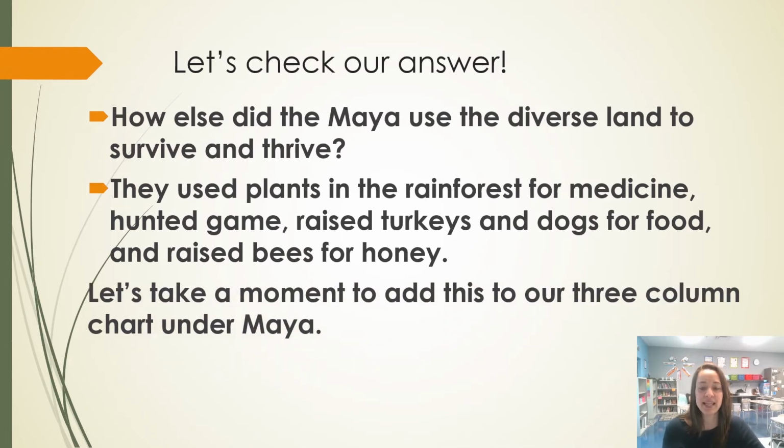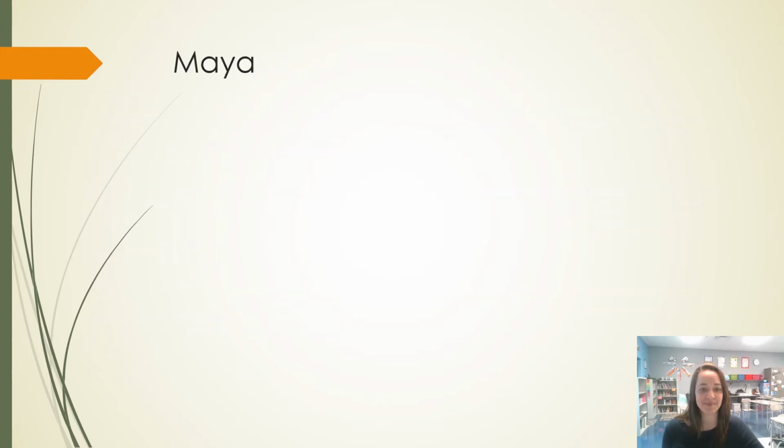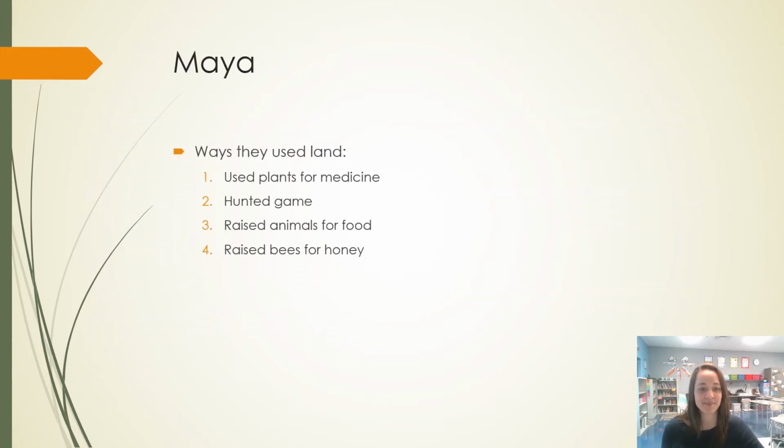Let's take a moment to add this to our three-column chart under Maya. Ways they used land. One, they used plants for medicine. Two, they hunted game.